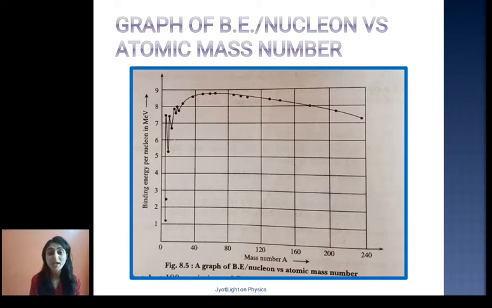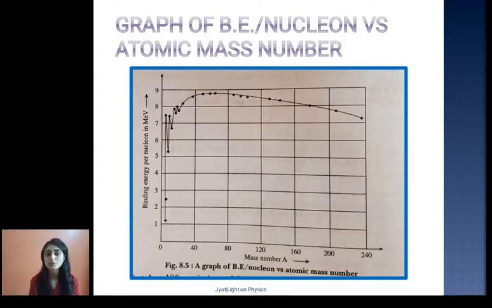Now this is a very important topic from nuclear physics, which is the graph of binding energy per nucleon versus atomic mass number. This is a very important graph. So see this graph carefully. You can see that when the atomic mass number is less than 20, the binding energy per nucleon is less than 8 MeV.